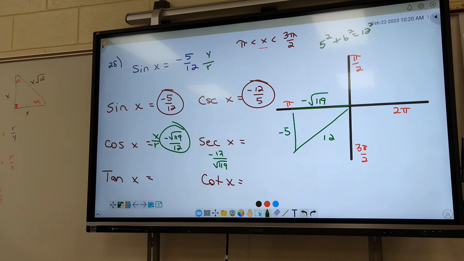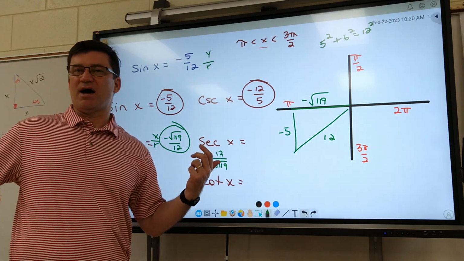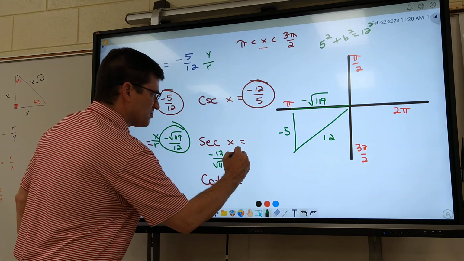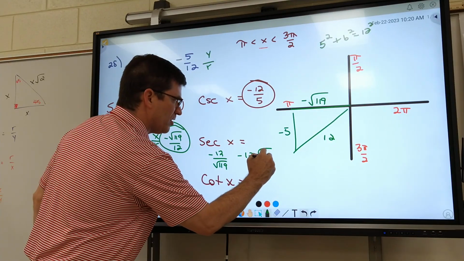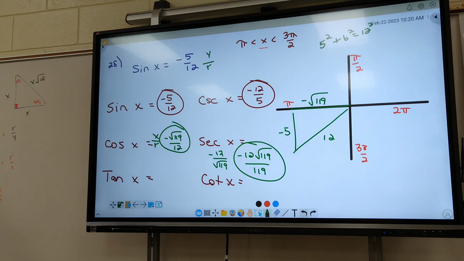So here's the problem. That square root is so big, the calculator wouldn't simplify. So I'll just make sure I don't give you a big one on the test. But the answer is going to be negative 12 root 119 over 119. Write that down. I'll make sure on the test I give you one you can do in the calculator. I'll make the number small.